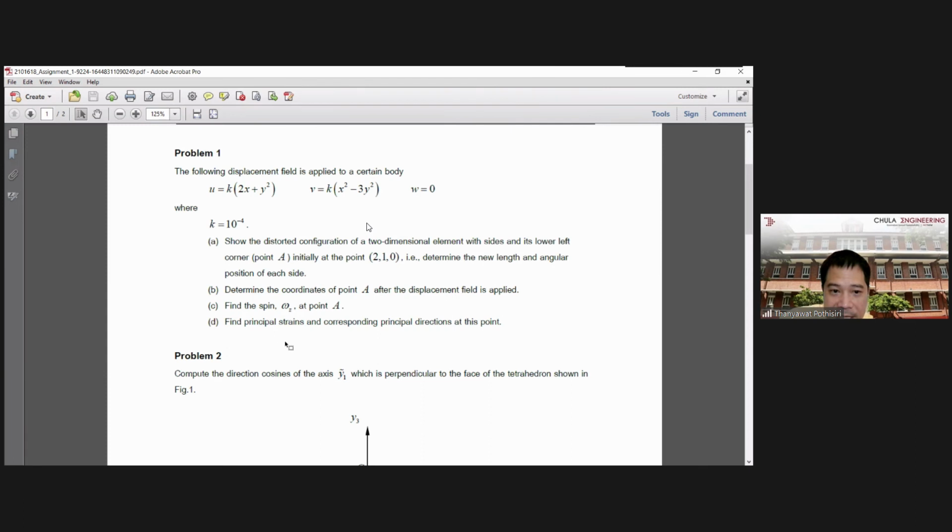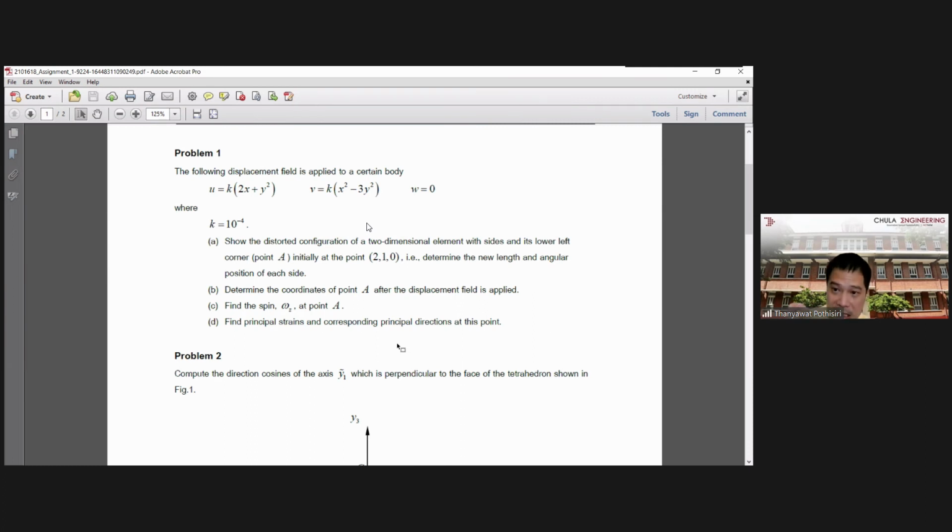And 1D asks you to find the principal strains and the corresponding principal directions. The principal strains and principal directions must be computed based on the strain components, so you need to try to solve the eigenvalue problem.